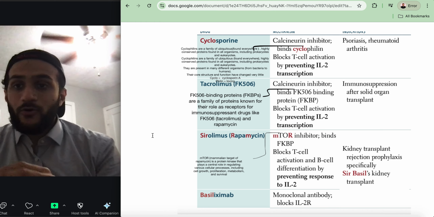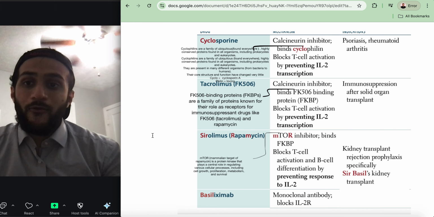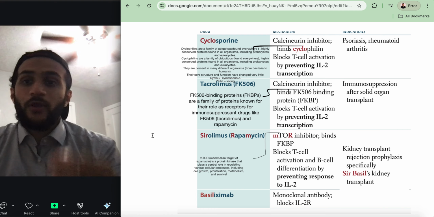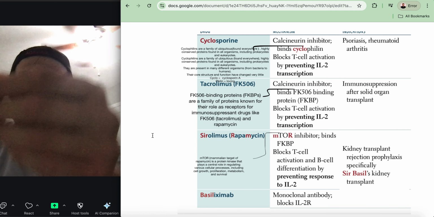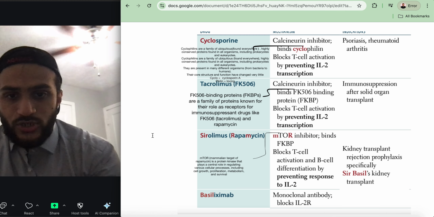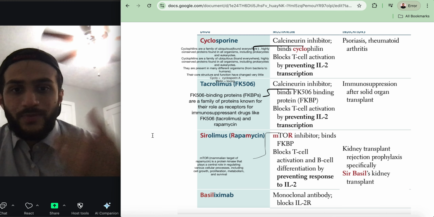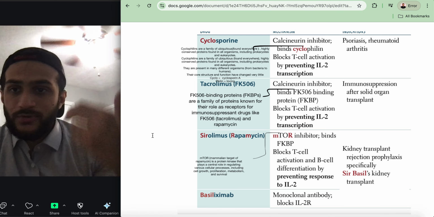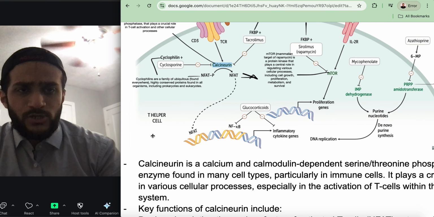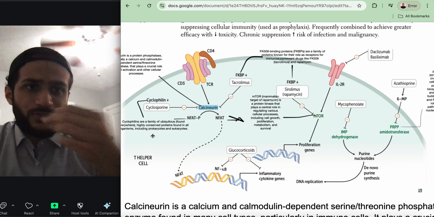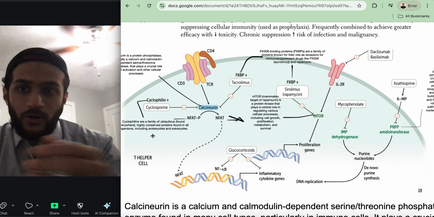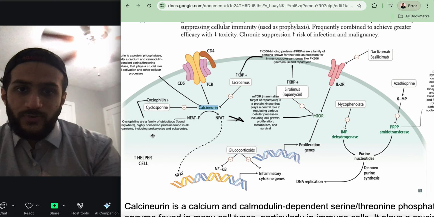Then I want to come to sirolimus or rapamycin. So sirolimus, rapamycin, is mTOR. mTOR stands for mammalian target of rapamycin. So rapamycin, which is our drug, or sirolimus, same thing. Target of rapamycin is basically a protein kinase, which plays a central role in many cellular processes, including cell growth, proliferation, and survival. So we can see over here the interleukin 2 receptor. mTOR is a protein kinase really for cell proliferation.